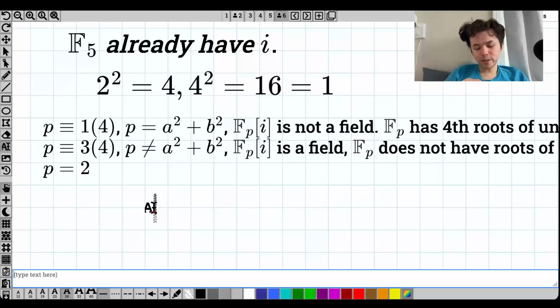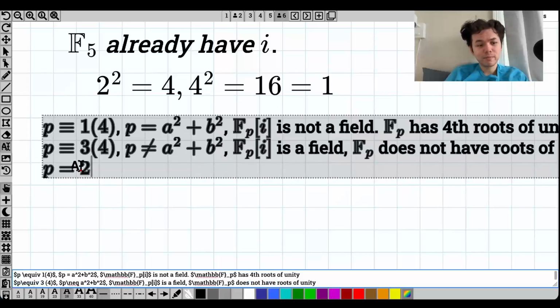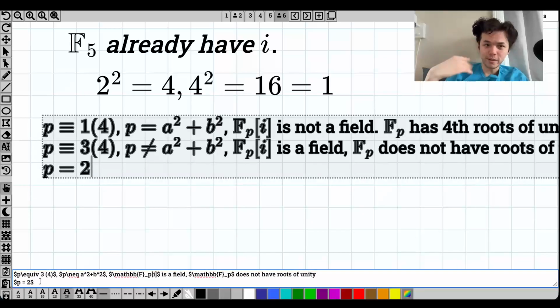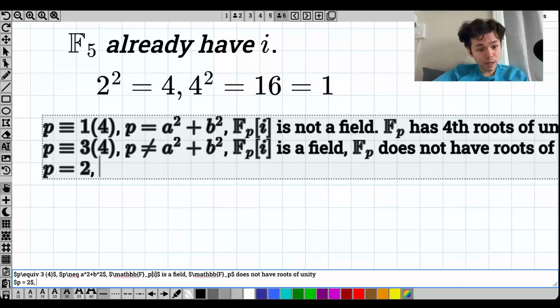And p equals 2 is actually a little special, and it's called a ramified point. This gets into Galois theory and covering theory and Étale covers and such stuff. But in this case, F_p of i is not a field. So p equals a squared plus b squared still holds because p is 1 squared plus 1 squared.